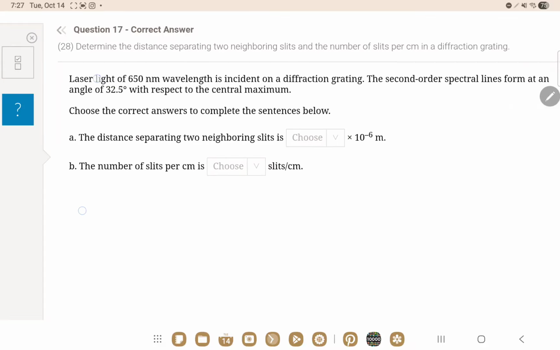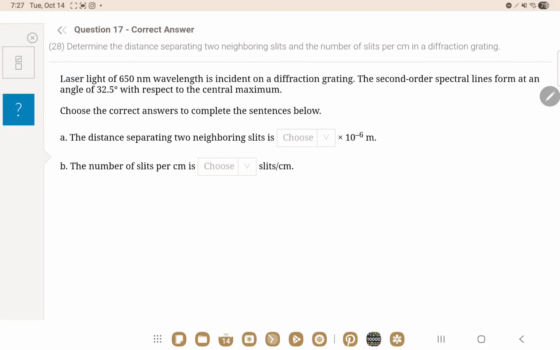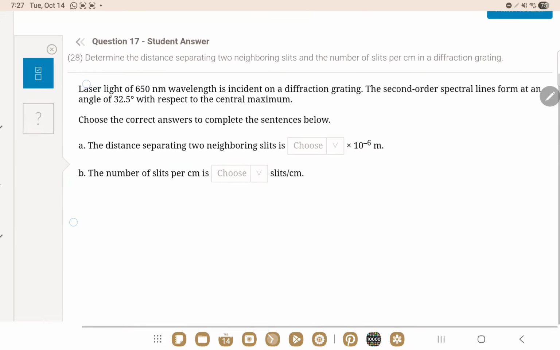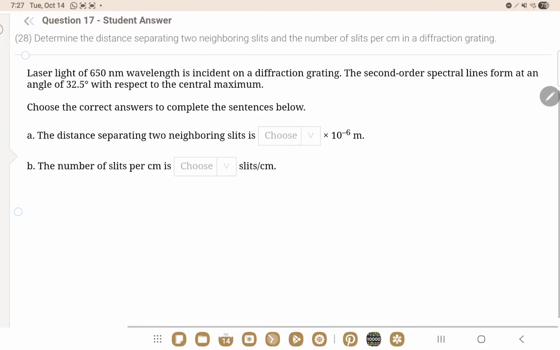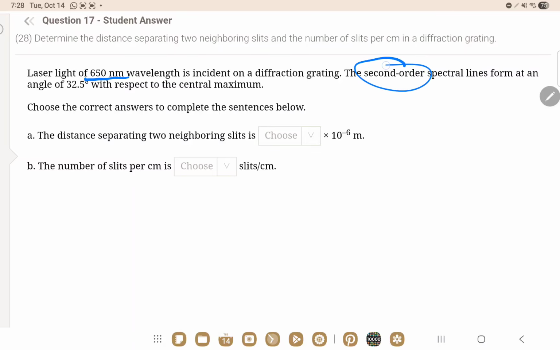Oh shoot, I actually forgot to put the answers. Anyways, it's okay. The laser light of 650 nanometer wavelength is incident on a diffraction grating. The second order spectral lines form an angle of 32.5.